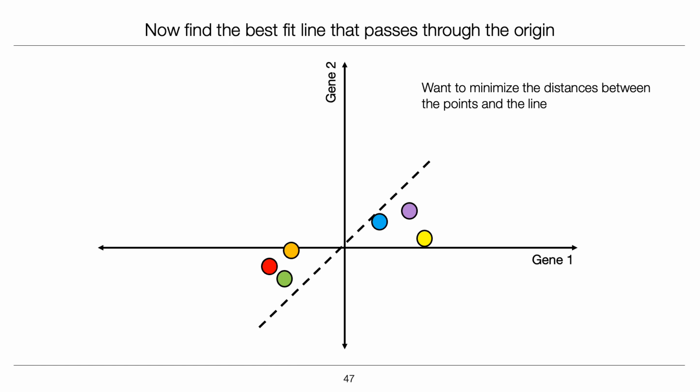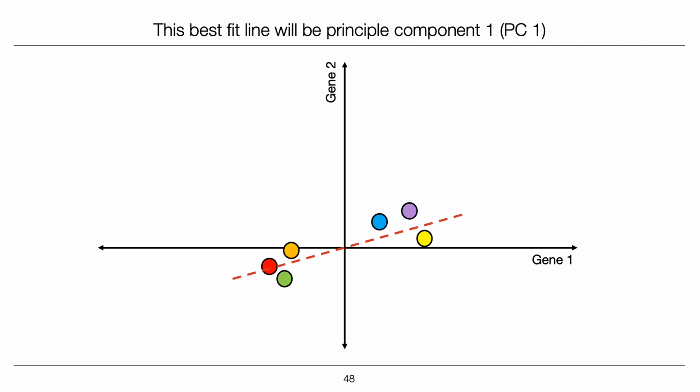The best line will be the first principal component, abbreviated as PC1, shown here as the maroon-colored dashed line. As you can see, all the data points are very close to this line, indicated by the short black lines with arrows.